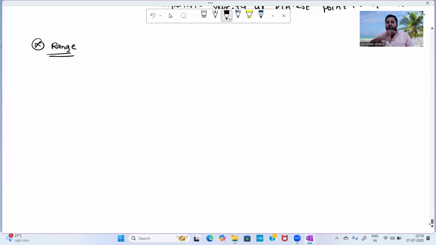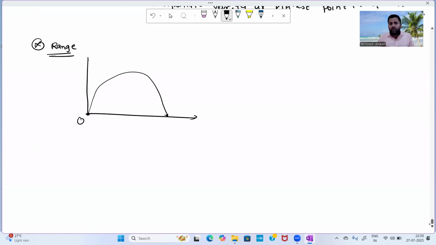From the projection point to striking the ground, that horizontal displacement is called the range. I'm drawing the same diagram here. This is the projection point to striking the ground. Take the projection point as O, and the striking point on the ground as A. The horizontal displacement OA is called the range.